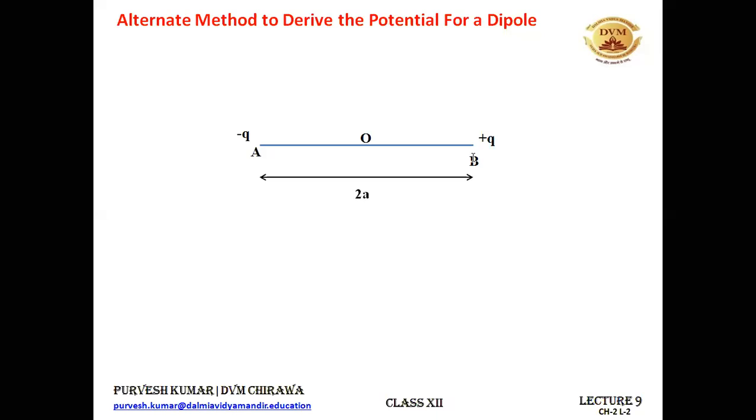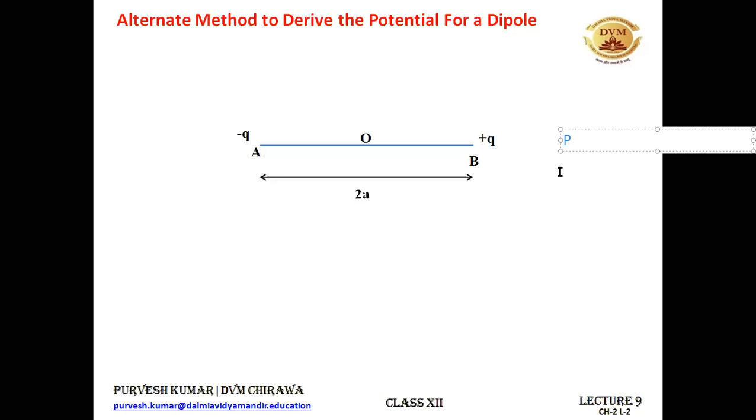So you see, take one equatorial point, or you have to take one axial point. Let's take an axial point. First, I should be taking an axial point. So let's take an axial point, capital P. All right.